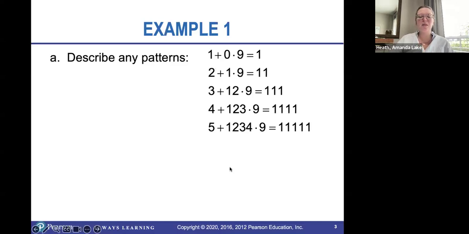All right, so if we want to look at these different equations that we have here, take a second, pause the video, try to find some things that you identify as patterns.